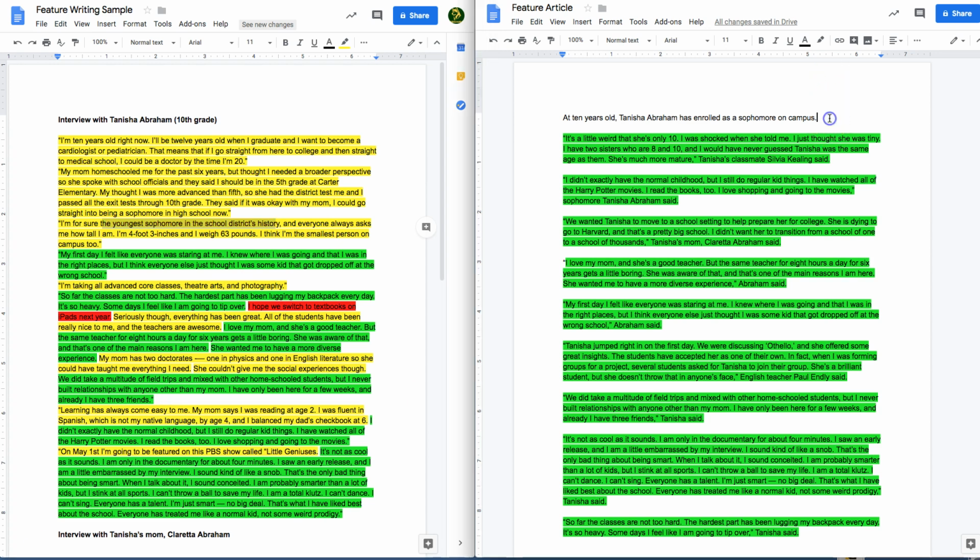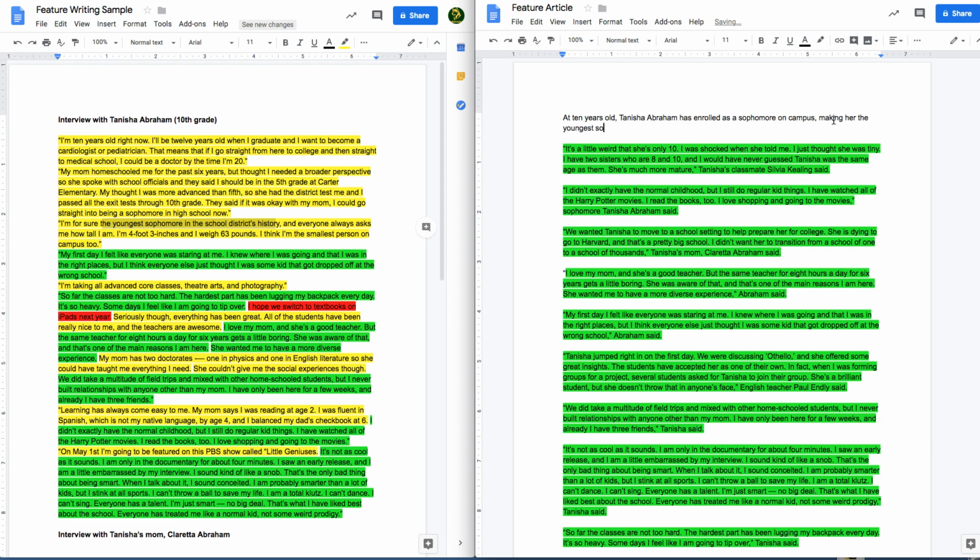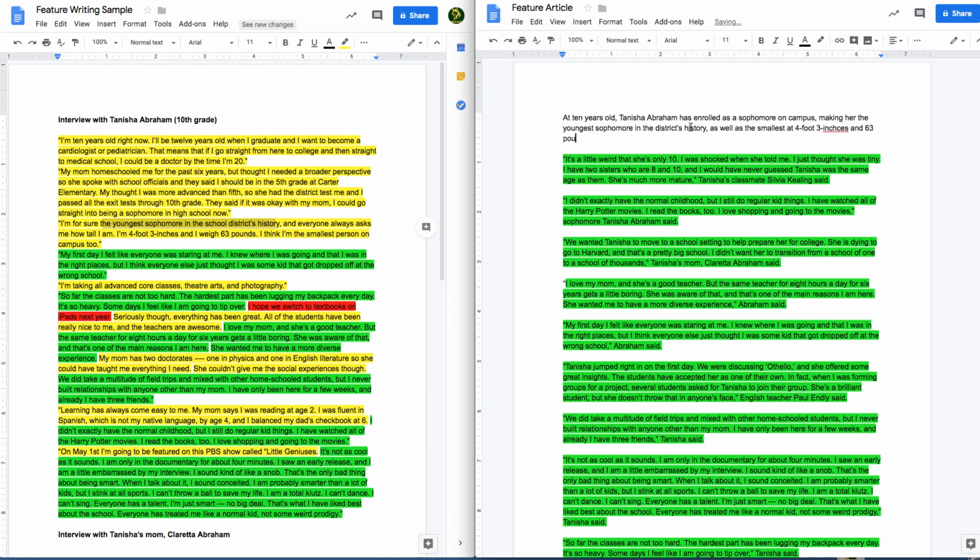So I'm going to come over here and say, at 10 years old, Tanisha Abraham has enrolled as a sophomore on campus, making her the youngest sophomore in the district's history, as well as the smallest at 4 foot 3 inches and 63 pounds.